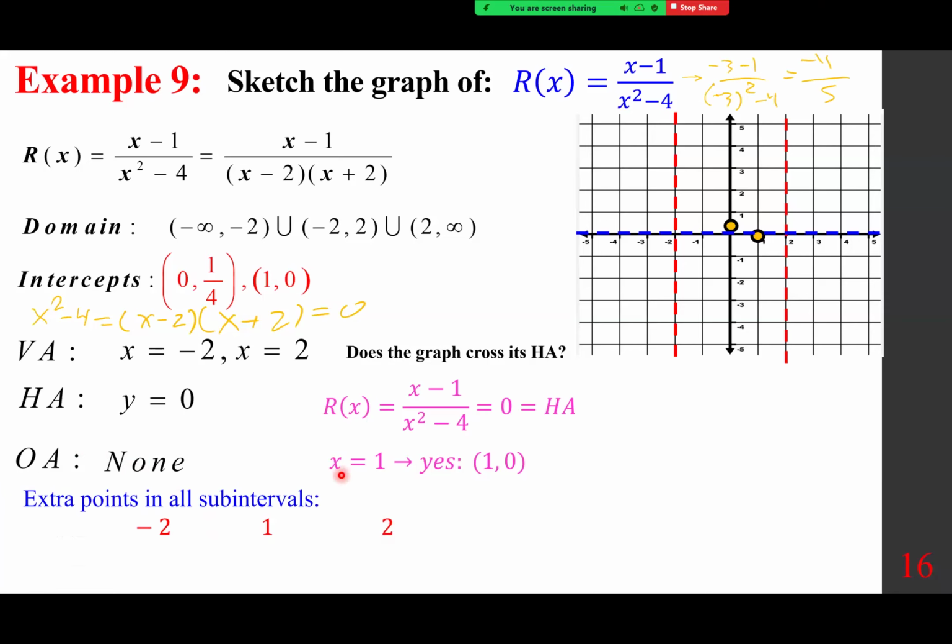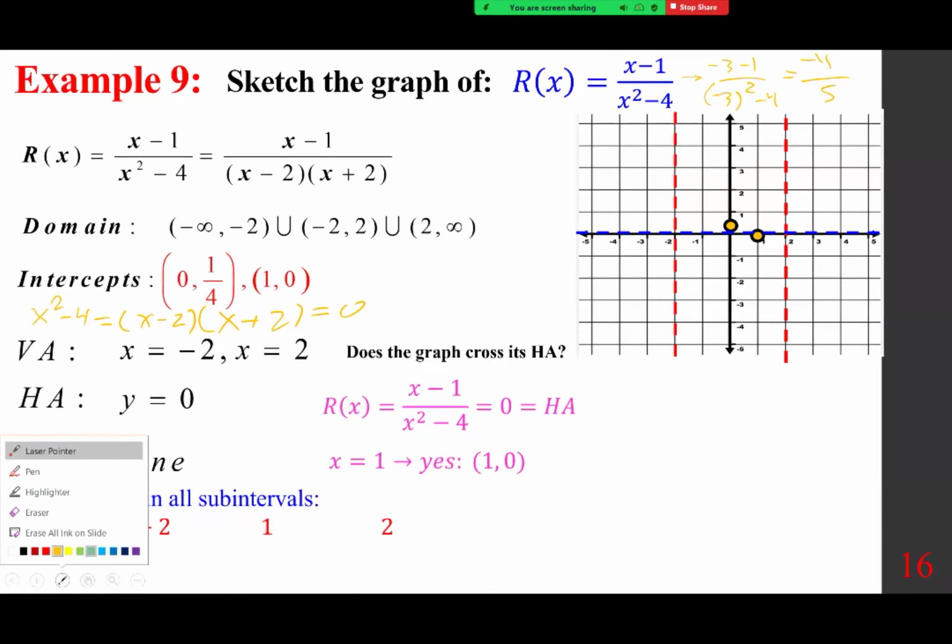Between -2 and 2, you can pick, for example, -1 here, or 3/2 here. To the right, if you plug in 3, by the way, you get the same answer, but positive. Let's also do -1, so you see how easy it is.